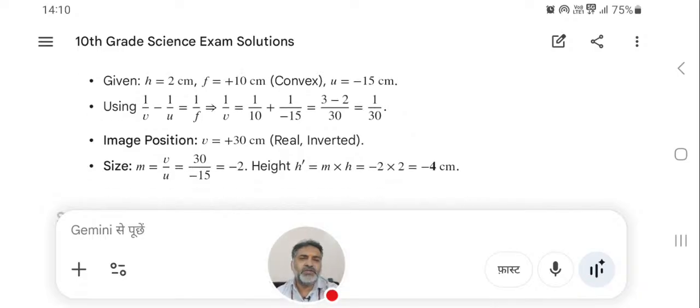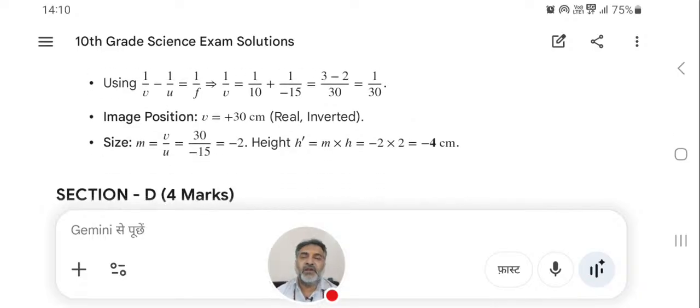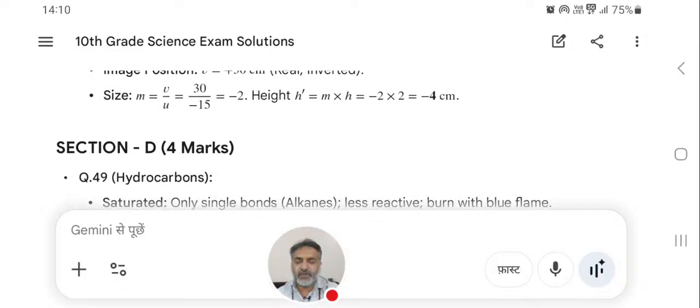So v is equal to +30 cm, the image is real and inverted. Image position is +30. Magnification m is v by u, that is 30 by -15, equal to -2. Height h' is m times h, that is -2 times 2, equal to -4 centimeter. That is the right answer.